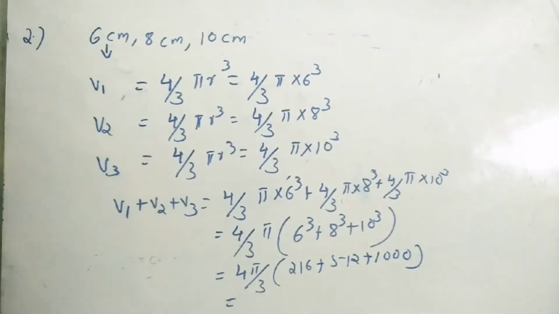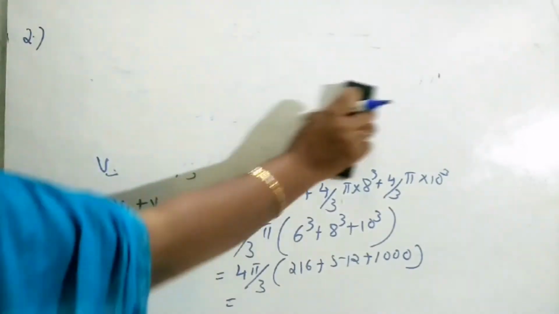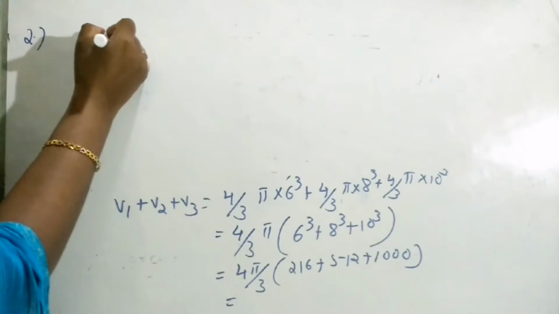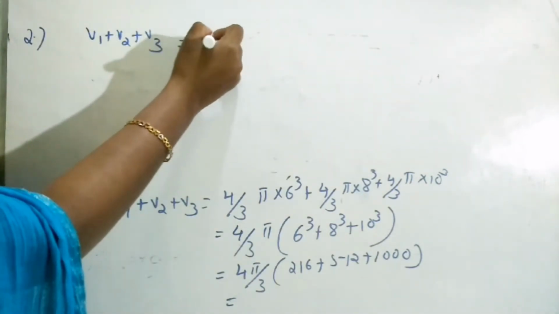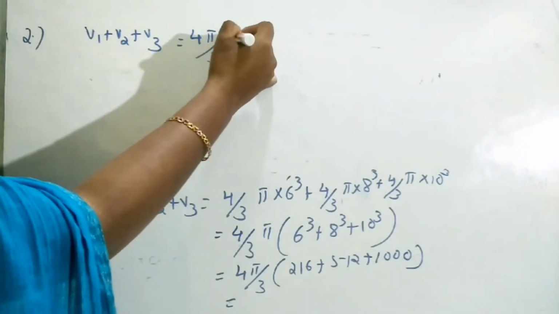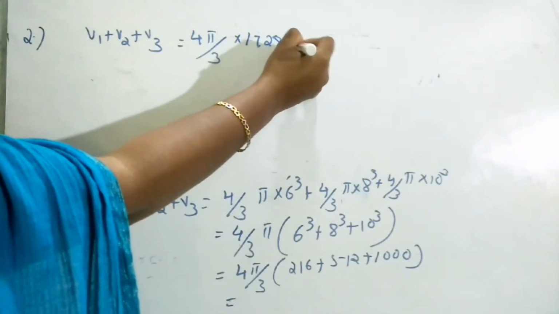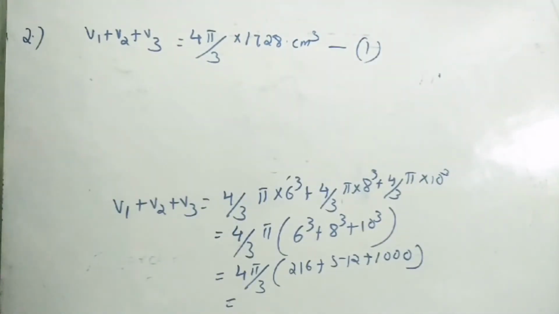This is equal to the sum of these volumes, V1 plus V2 plus V3, that we will get as 4 pi by 3 into 1728 centimeter cube. Put it as equation number 1.